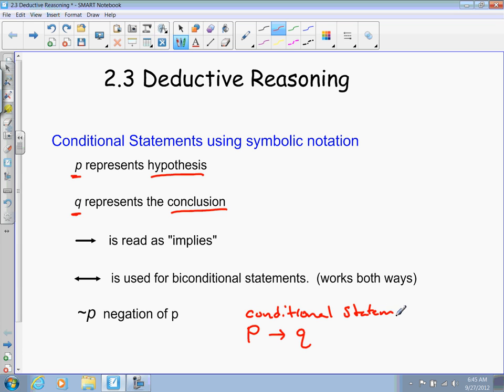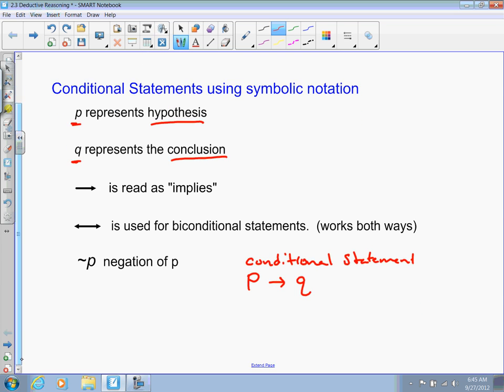Now we also have some other tools. This tilde symbol, it's called a tilde on the keyboard, means negate. So if you see this symbol in front of a P, it means the negation of P. It's the not.